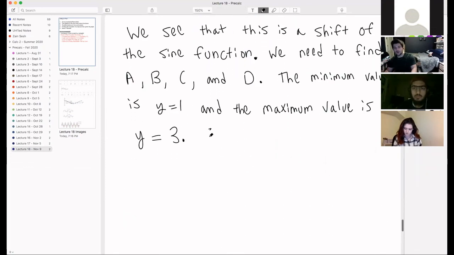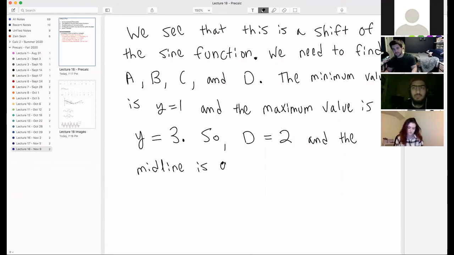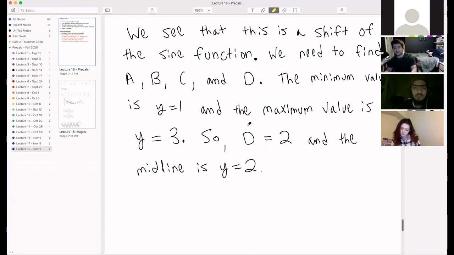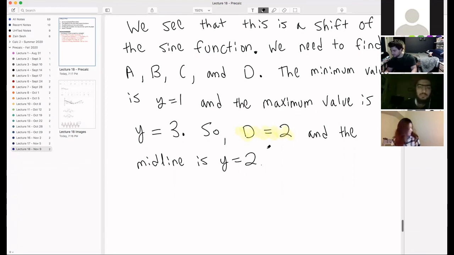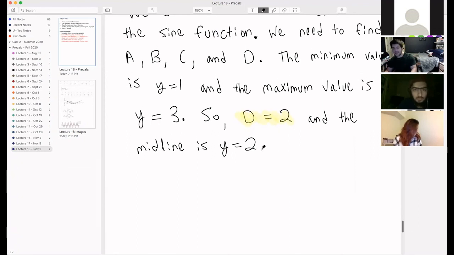Okay, so D equals 2, and the midline is y equals 2. We just figured out our first piece of information for finding the equation of this. D equals 2. Excellent.